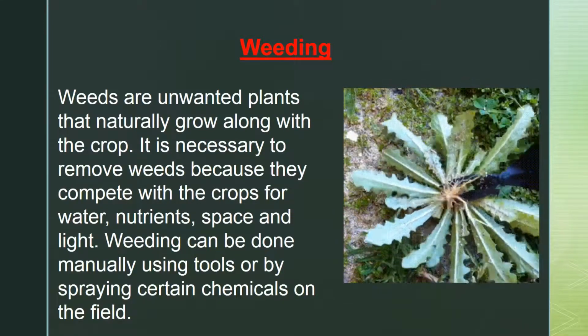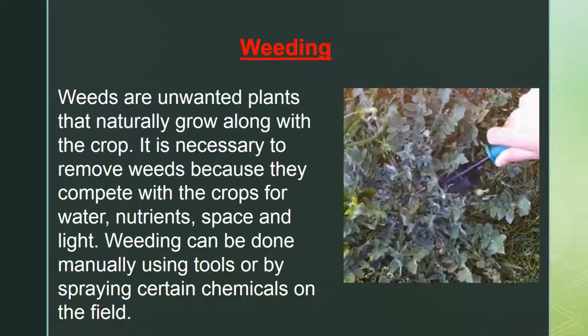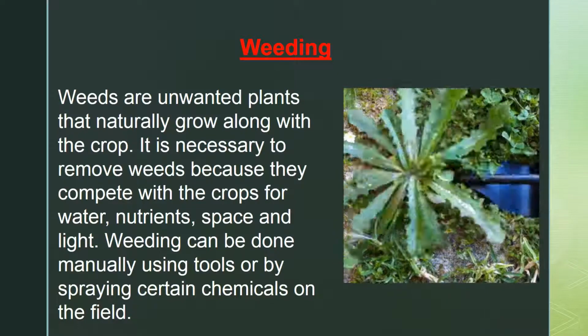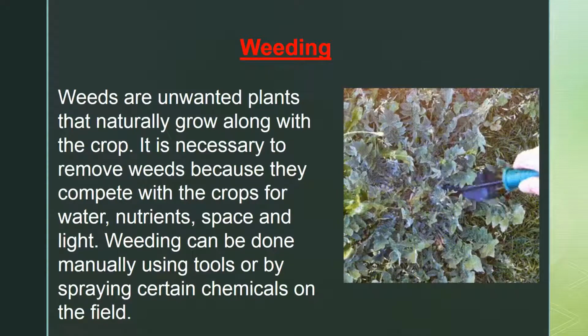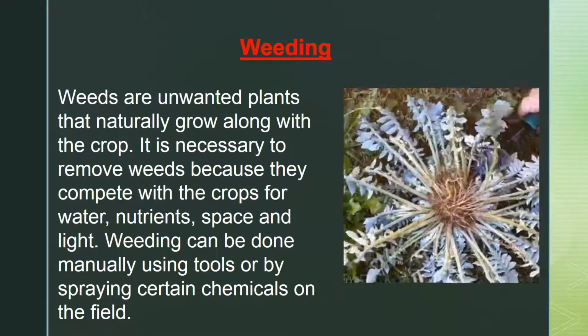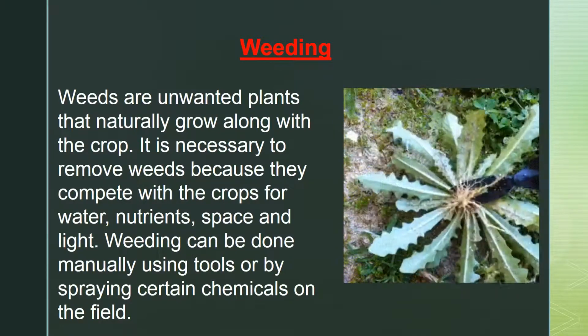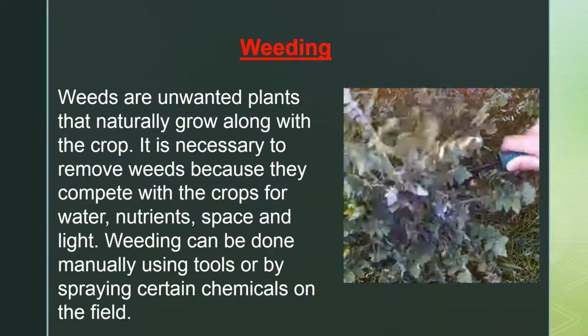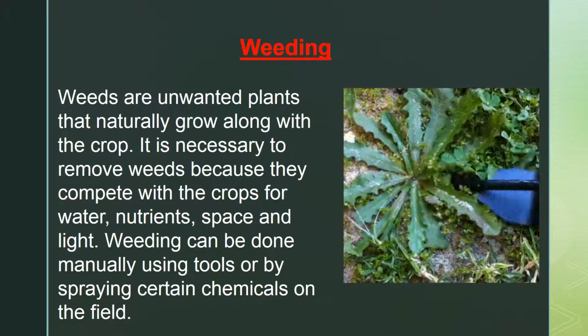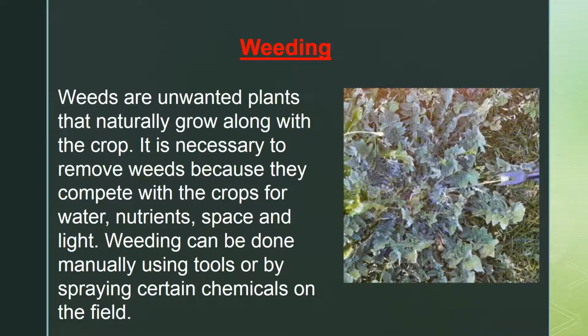So we have to remove those unwanted plants from our field. And we can do this process manually by using some kind of tool or by spraying some kind of chemicals on those weeds.